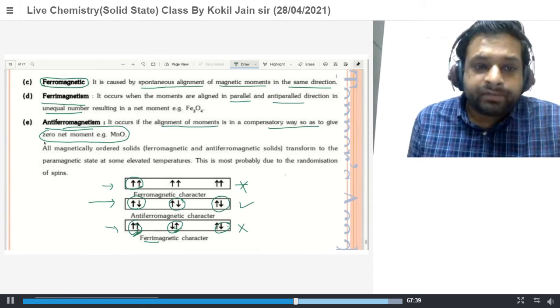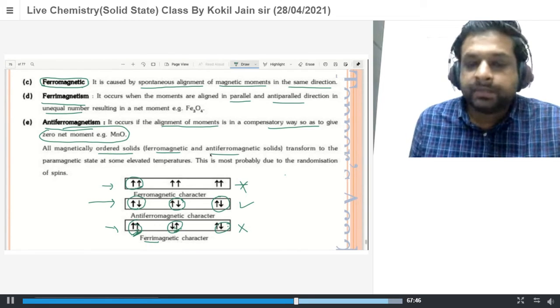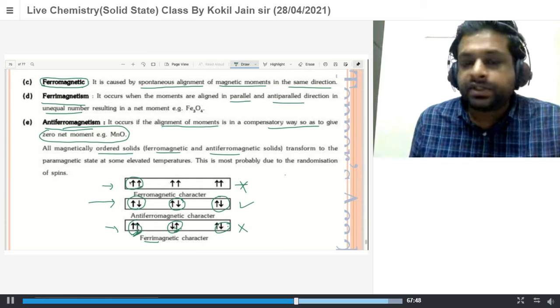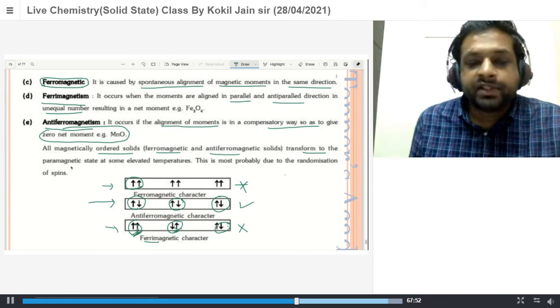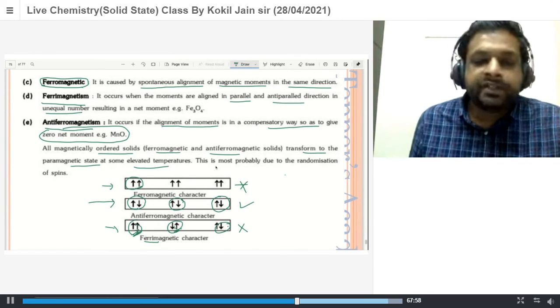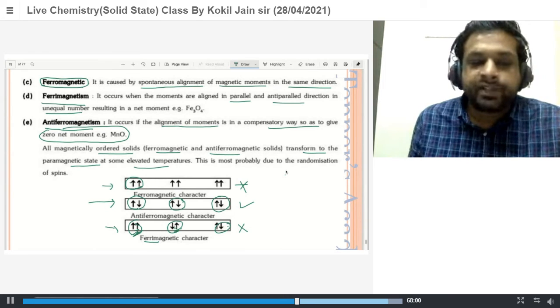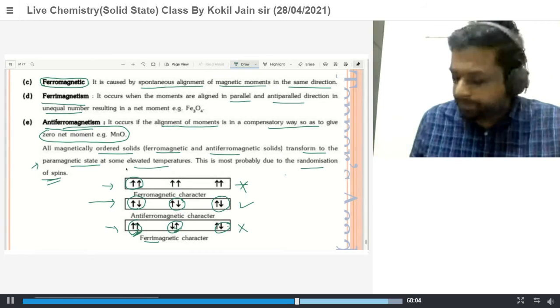But all types of magnetically ordered solids like these ferromagnetic or anti-ferromagnetic transform to the paramagnetic state at some elevated temperature, because the spins at elevated temperature get randomized, so they start to show some kind of magnetic moment.